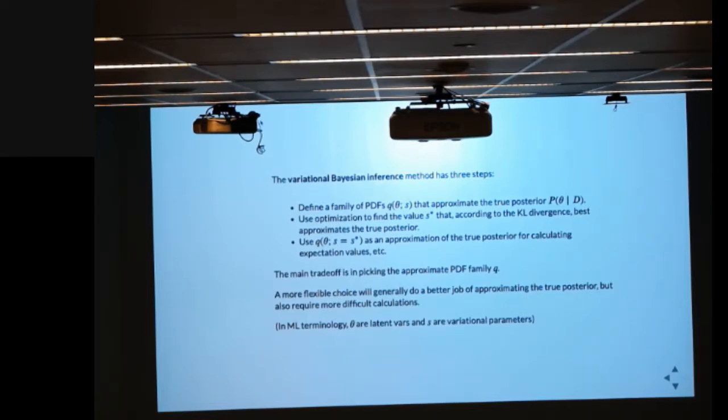I'll do this in a different color. S are just the degrees of freedom that let you explore that family. So you have to define that family. It's not quite as turnkey as Markov chain Monte Carlo, because there you just need to code up the log of the numerator. Here you actually have to think about what family you want to use.